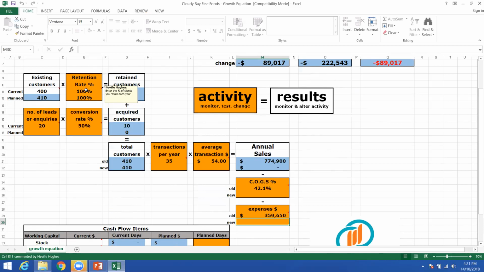But it never ceases to amaze me how many business owners don't know the key numbers for their business. They might know their sales. They might even know their net profit. They certainly know how much cash is in the bank. But they're not aware of the drivers of sales, profit, and cash flow.